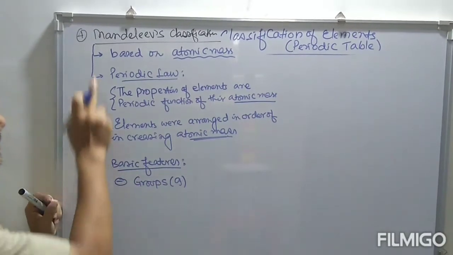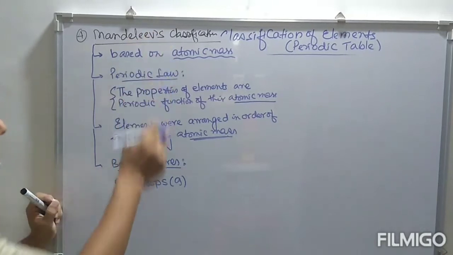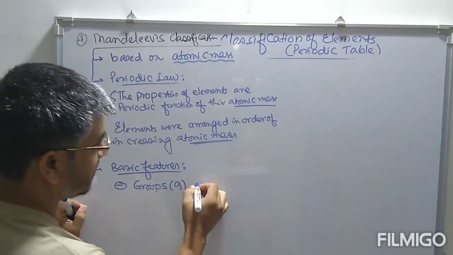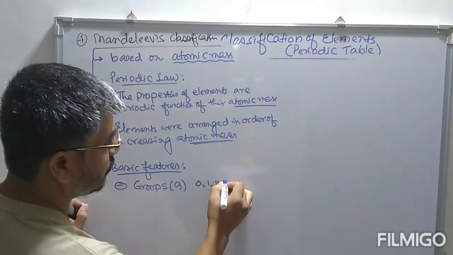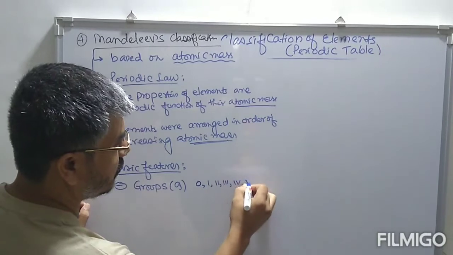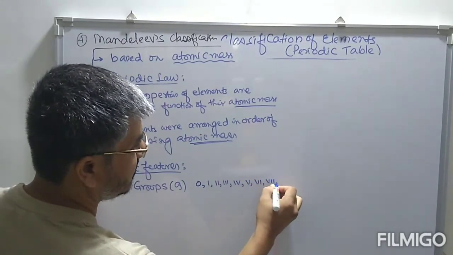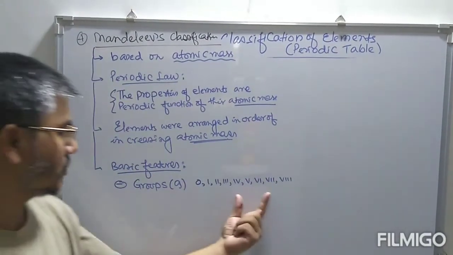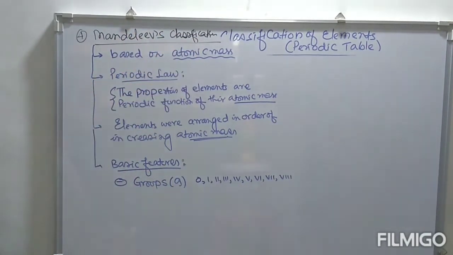So the first very important basic feature of this classification is that it contains groups. Total number of groups is 9, that is 0, 1, 2, 3, 4, 5, 6, 7 and 8 groups. These are the total 9 groups consisting of Mendeleev's classification of elements.